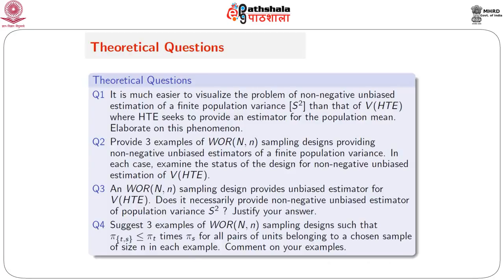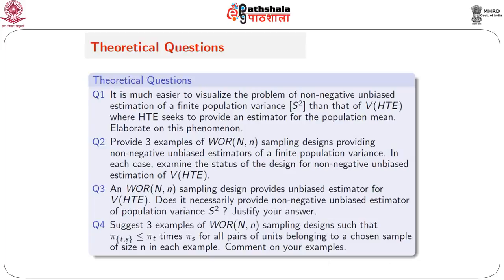Very good problem, because we know for estimation of finite population variance, all we need is pi ij strictly positive. So, once we make a selection of a sampling design only following this principle of positive inclusion probability for all pairs, something may go wrong regarding the inequality pi i pi j greater than or equal to pi ij.